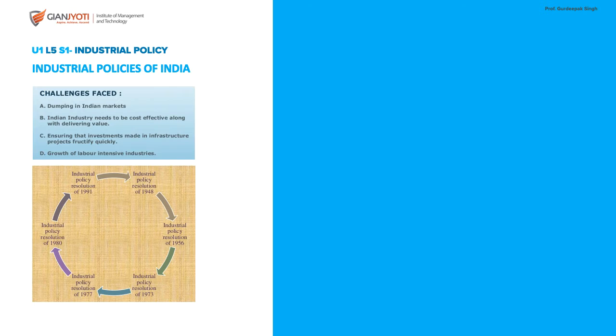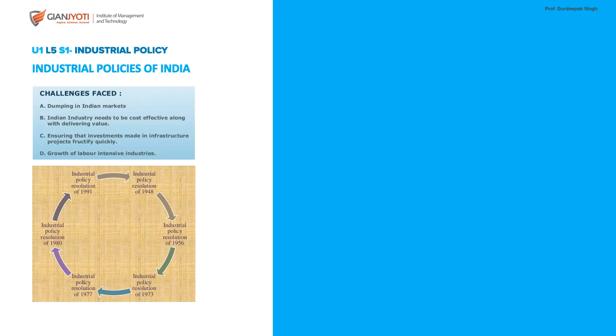We were continuing with that policy because it takes time to do all the implementation that you had planned for. So the fourth policy came in 1977, and then the fifth policy came in 1980. And the one which changed the course of this country, which you are taking benefit of even today, is the Industrial Policy Resolution of 1991.